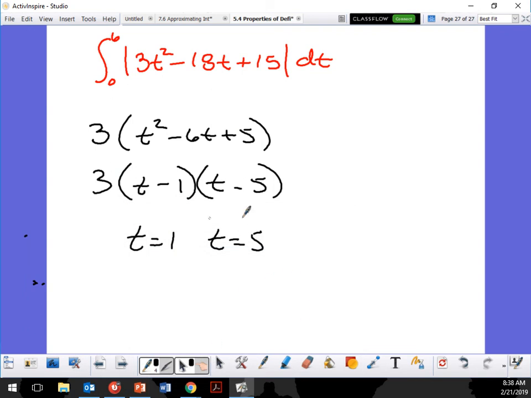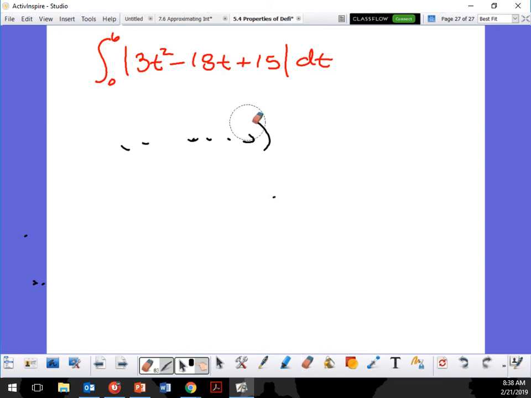So let's go ahead. So now I have those. So I'm going to break this up into the different parts. So my integral is now going to be changed to the integral from 0 to 1 of my function, right? 3t squared minus 18t plus 15, right?